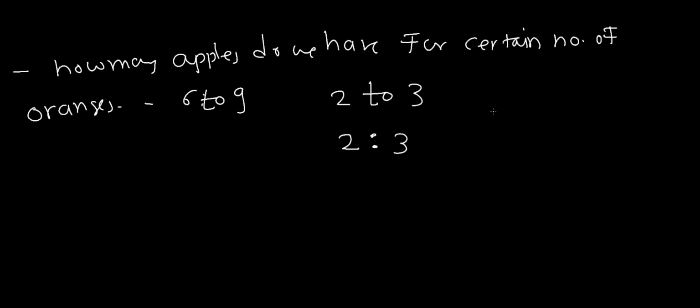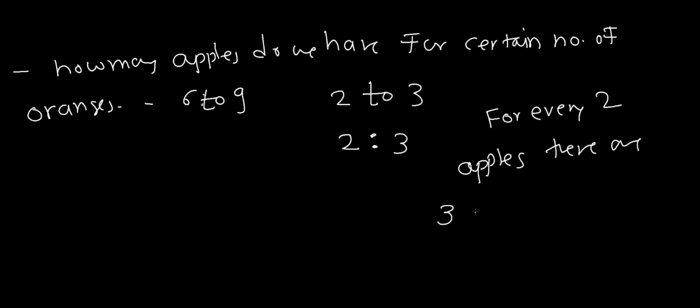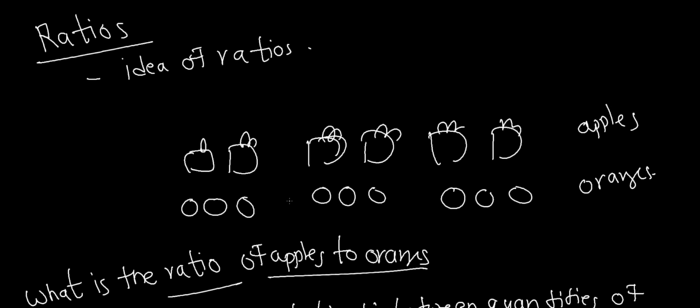What this means is, for every 2 apples there are 3 oranges. So let's verify this. This is our quantity.